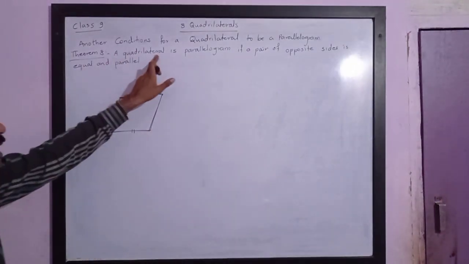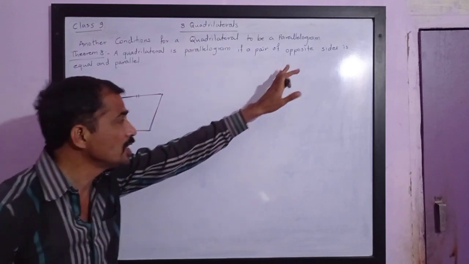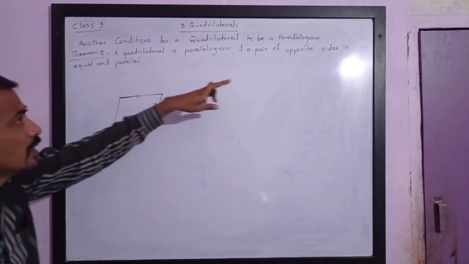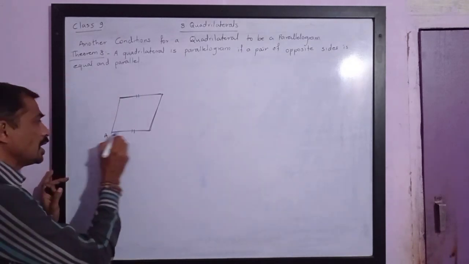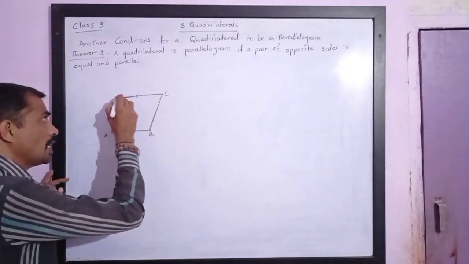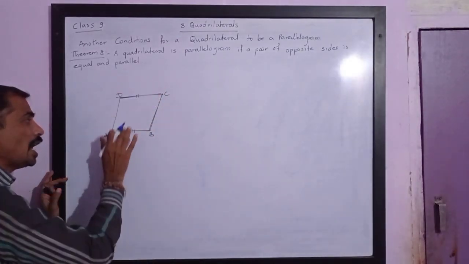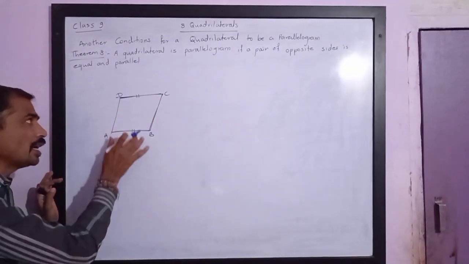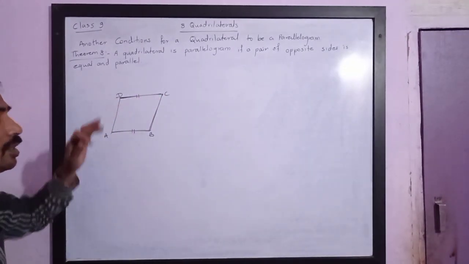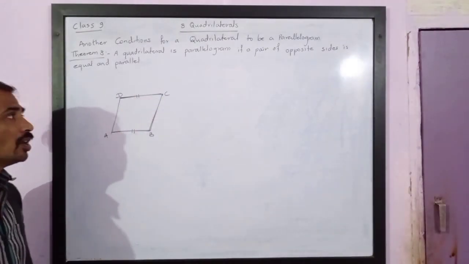If you take A, B, C, D as a quadrilateral, and we are given that AB is parallel to DC and AB is equal to DC, then this quadrilateral is a parallelogram.